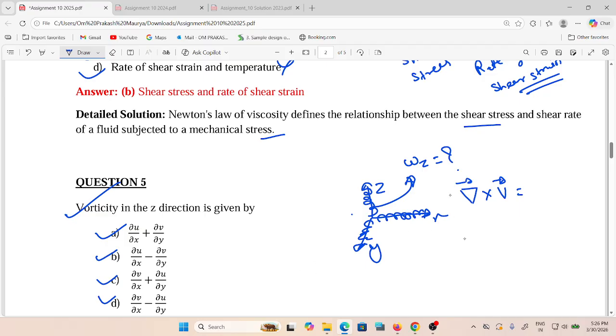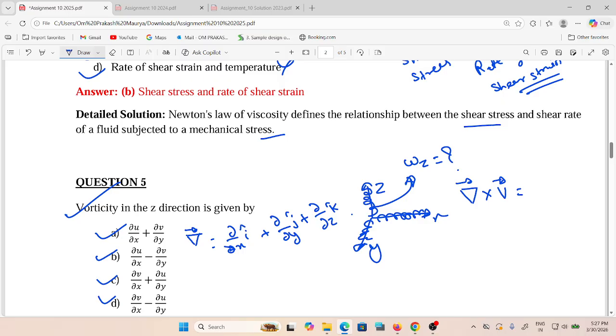The del operator is defined like that: del by del x i plus del by del y j plus del by del z k. So this is your del.